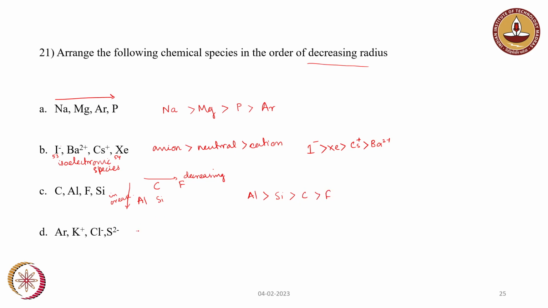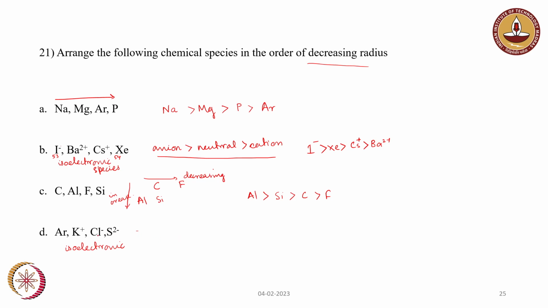And the fourth one is argon, K plus, Cl minus, and S2 minus. So again, these are isoelectronic. So if we go with this concept, anion having higher radius, and if the charge of the anion is higher, it will have higher radius.